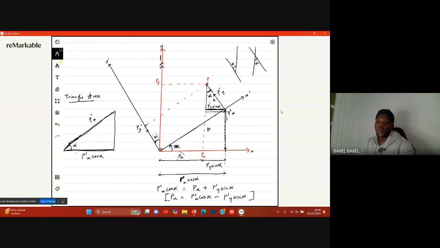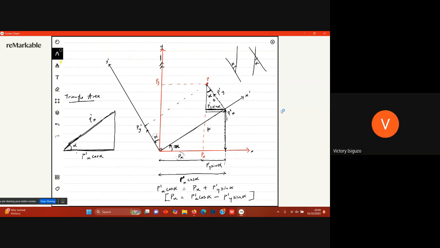Yeah, Victory, what's up? In this last formula you just wrote, p prime x cos alpha, which is what we just got after we took out the big triangle, is equal to px plus p prime y sine alpha. Why is it not minus?